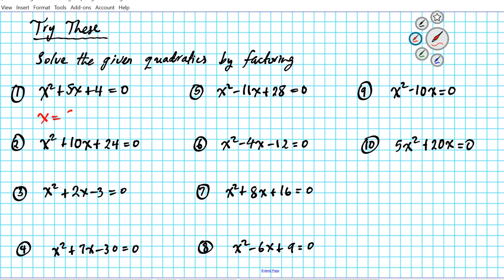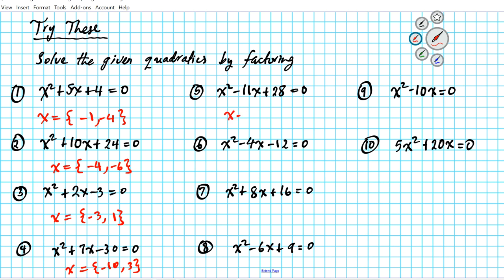Number 1, x is -1 and -4. For number 2, x is -4 and x is -6. For number 3, x is -3 and 1. For number 4, x is -10 and 3.